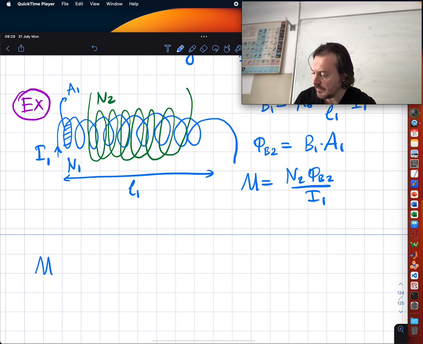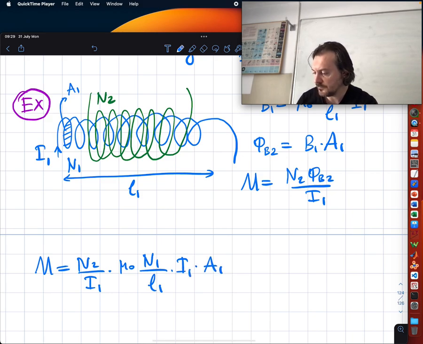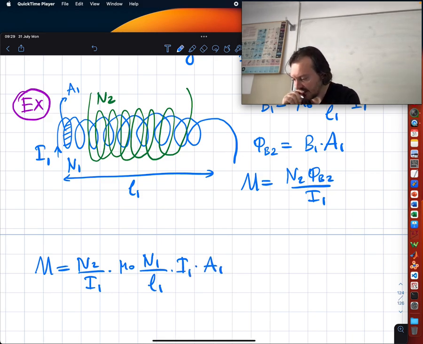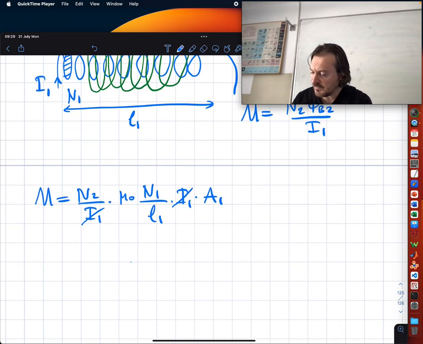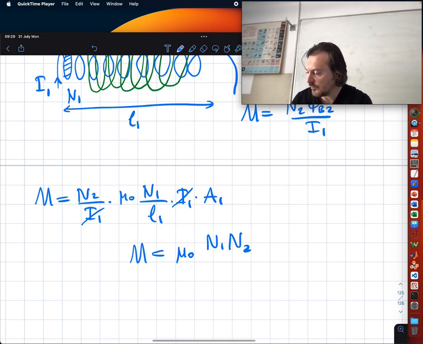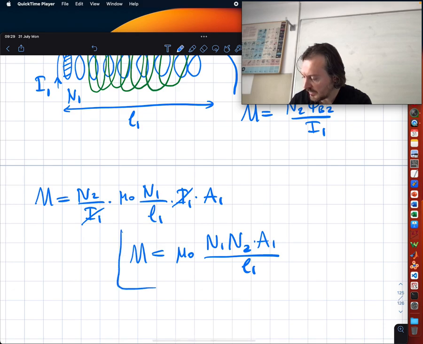I have M equals N2 over I1 times B1, which is mu 0 N1 over L1 times I1 times A1. Is there any cancellation here? Just this one, right? So what I get is, it depends only on geometry, N1, N2 times A1 over L1. That's our mutual inductance, yes.